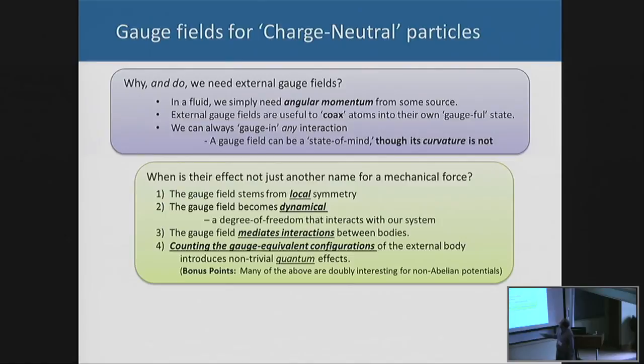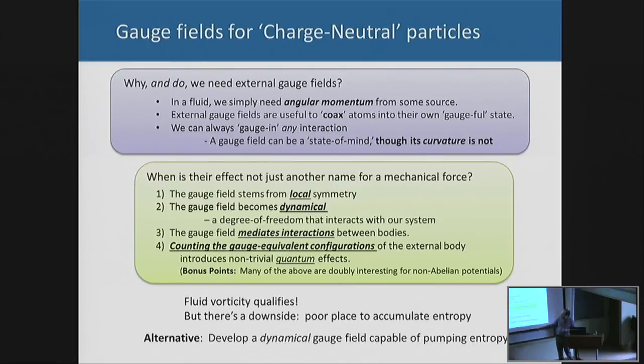And thirdly, if the gauge field mediates interactions between the bodies, that's also a useful thing that we'd like to think about. And finally, if the counting of the gauge-equivalent configurations of this external body that we're using to apply a gauge field is changing, this can introduce non-trivial quantum effects. Okay? And of course, we get bonus points if we can generate all of these with a non-abelian gauge potential. And so I'll show you that that's what we're working with in this case.